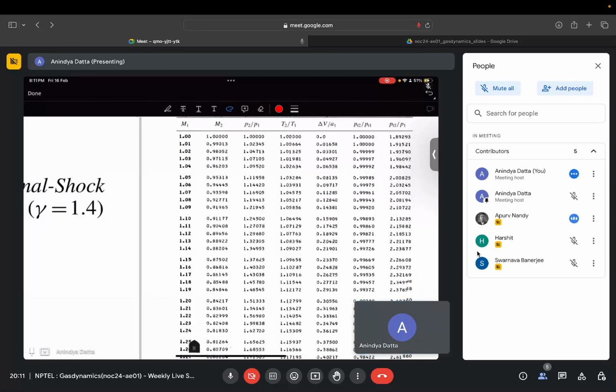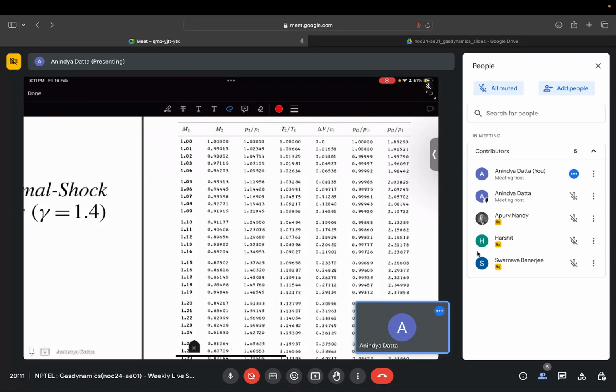If you look at, let's say, the first 5 upstream Mach numbers, you see that the ratio of the total pressure is almost close to 1. This is exactly the weak shock limit. So if the ratio of total pressure is 1, your change in entropy is almost 0, right?